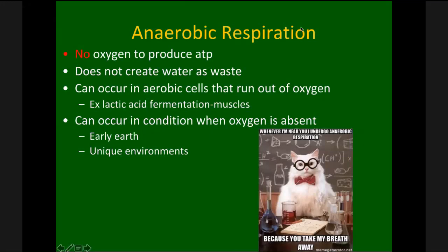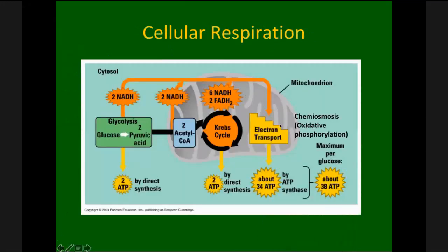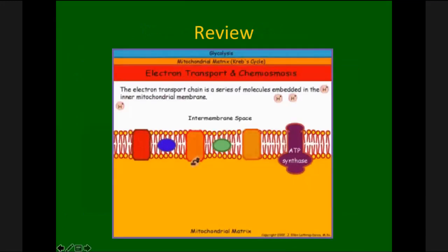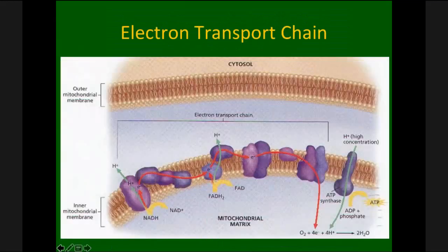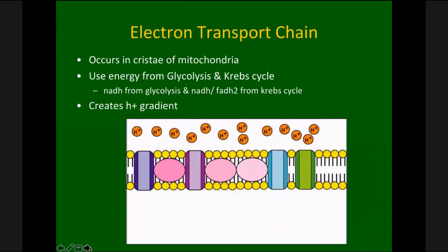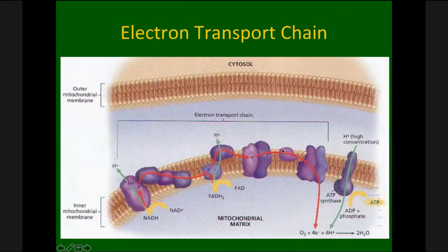Aerobic cellular respiration. Oh, I forgot to mention the water. I keep forgetting to mention the water for some reason. If we go back and take a look at the electron transport chain for a second. Oh, this one doesn't show it. So at the end of the electron transport chain, once you're done playing hot potato with that electron, right, it's going to get picked up by oxygen.